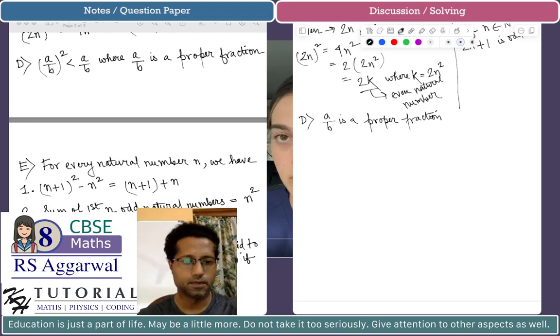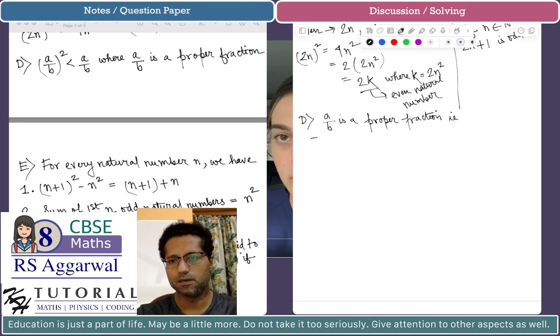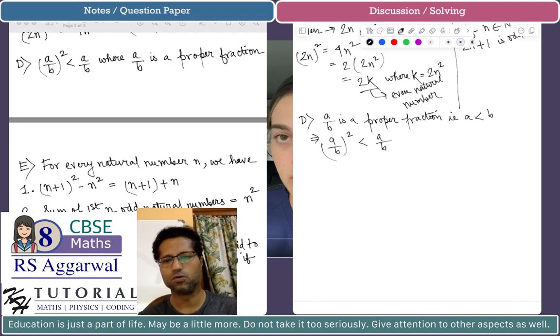What is wrong? Anyway, so this implies that a is less than b. Numerator is less than the denominator. a by b is a proper fraction. This implies, as per the property, that the square of a proper fraction is always less than the proper fraction itself. Now, why is it so?